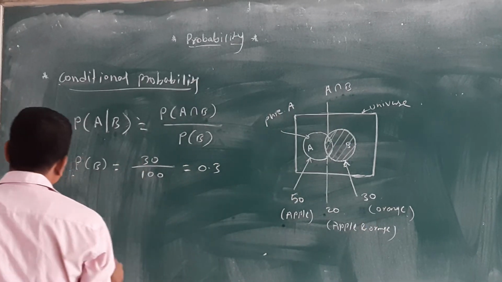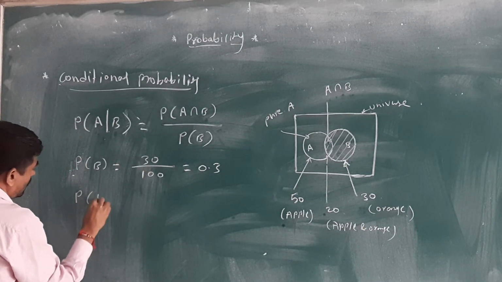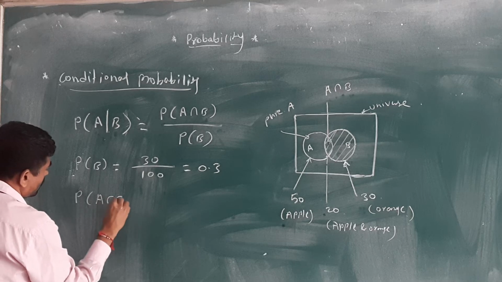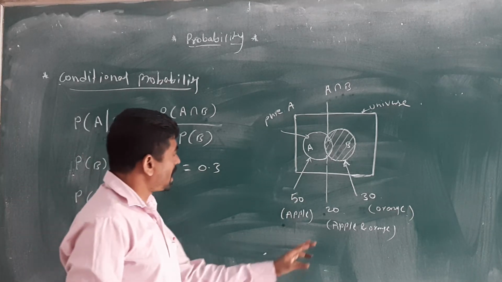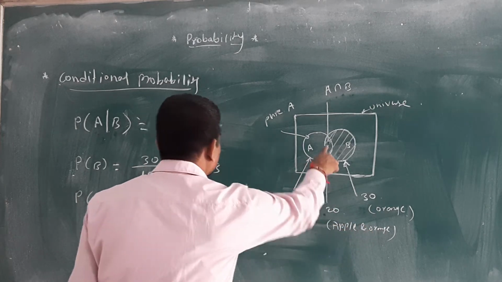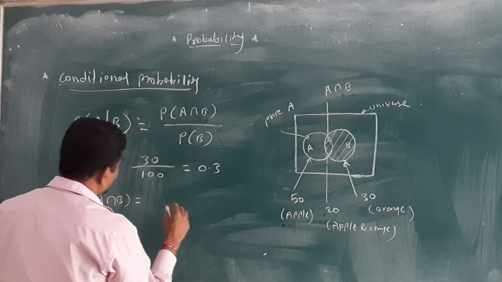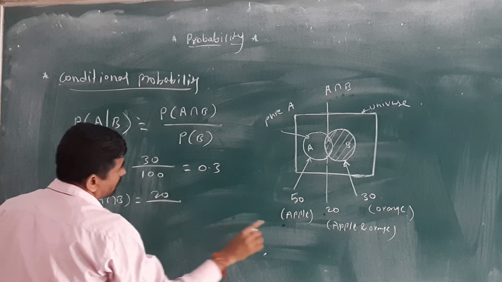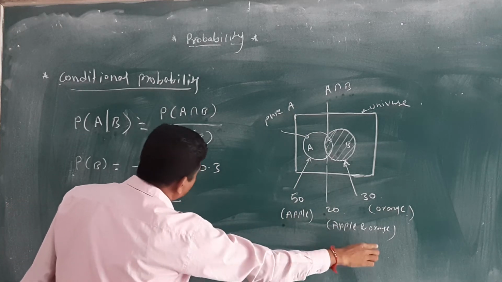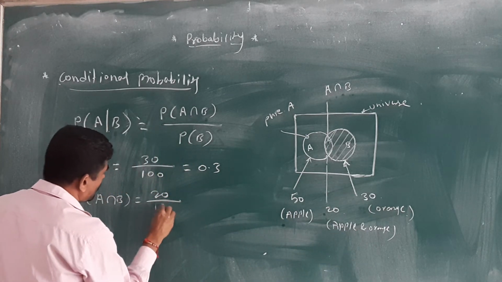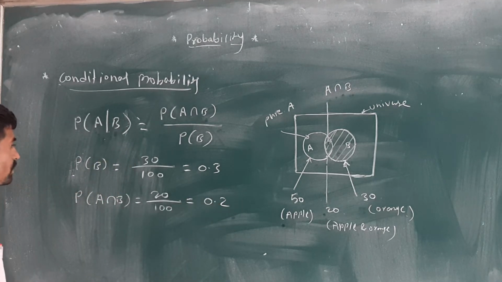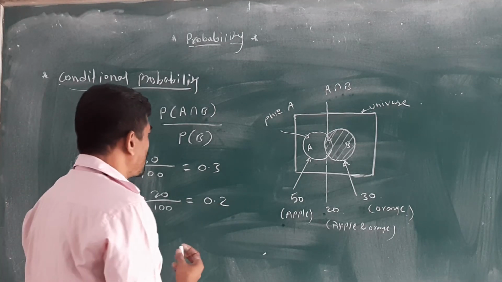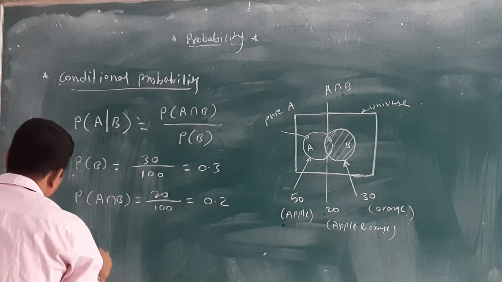Then next is the probability of A and B. That is the combination of apple and orange. We want to calculate how much percent like apple and orange. 20 students like apple and orange, 20 divided by 100, is 0.2.